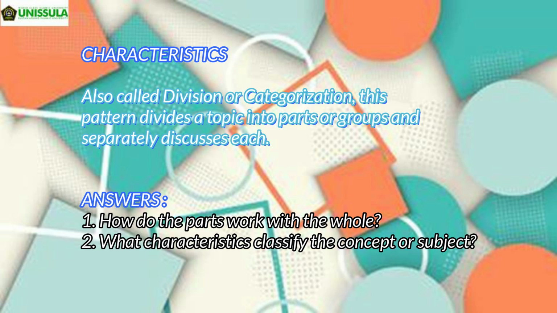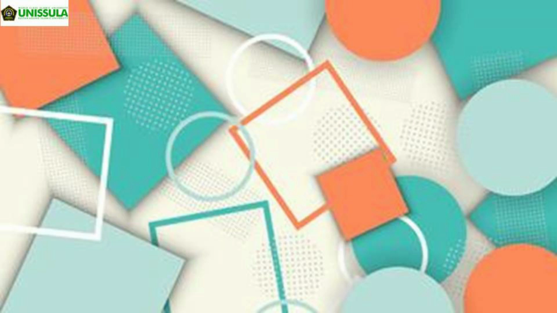And this pattern will answer questions such as the following. The first question is, how do the parts work with the whole? And the second question, what characteristics classify the concept or subject?